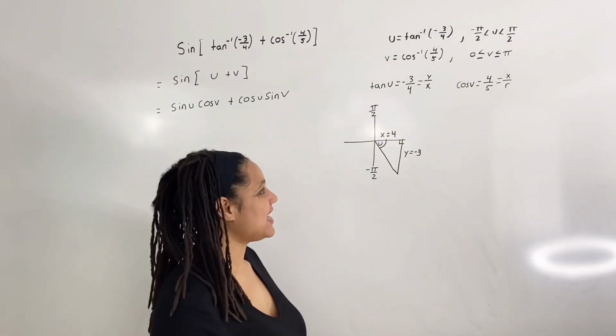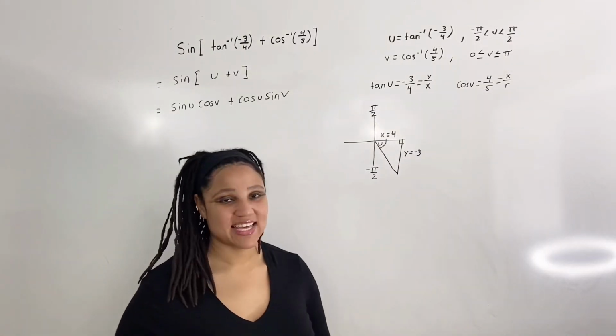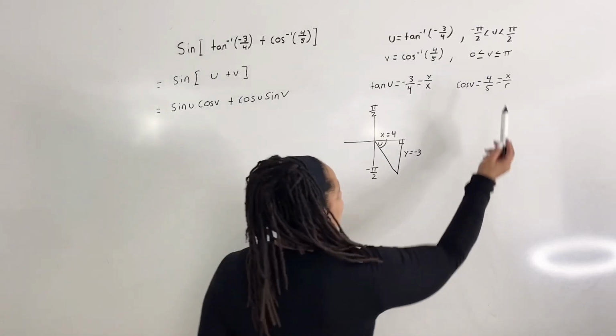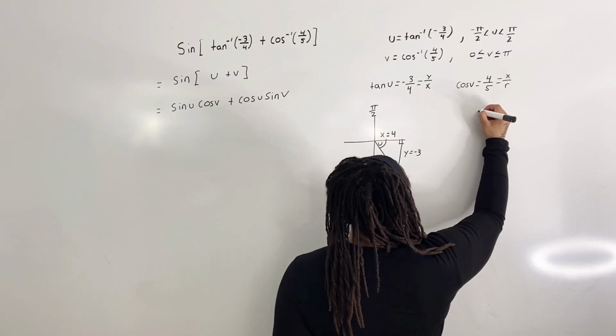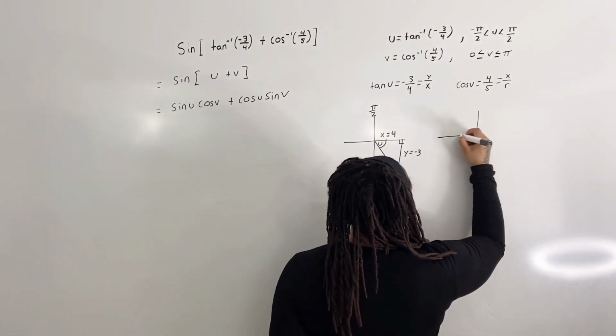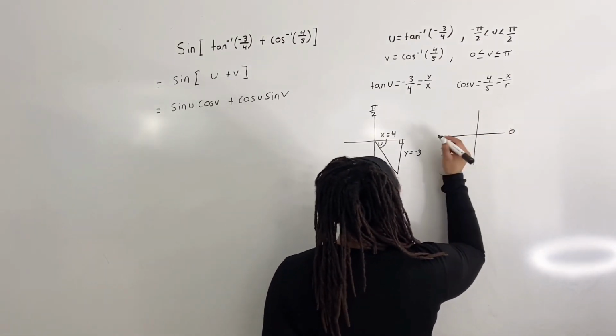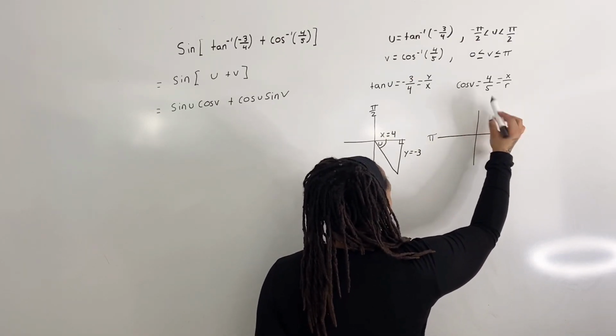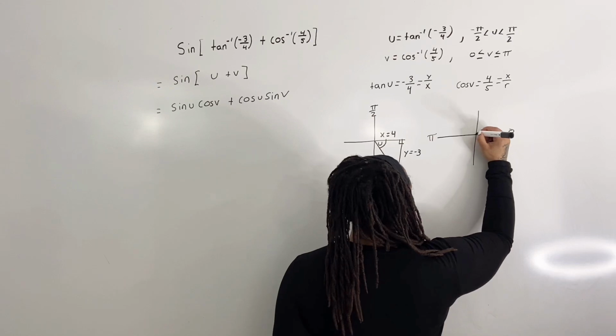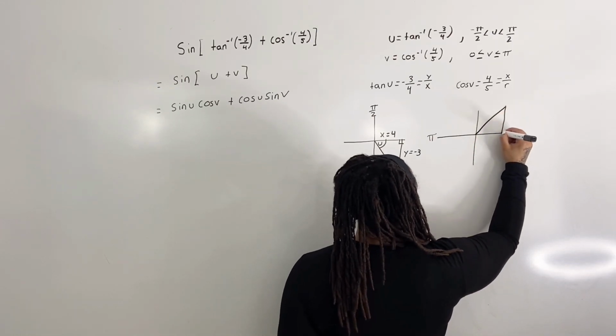Similarly, we draw a triangle for v, but we have to consider that v is between 0 and pi. So here is 0 and here is pi. And since cosine of v is positive, we know that our angle must be in the first quadrant.